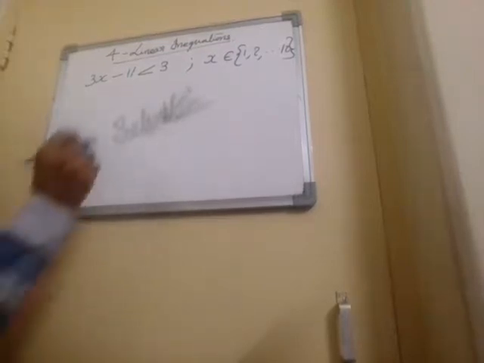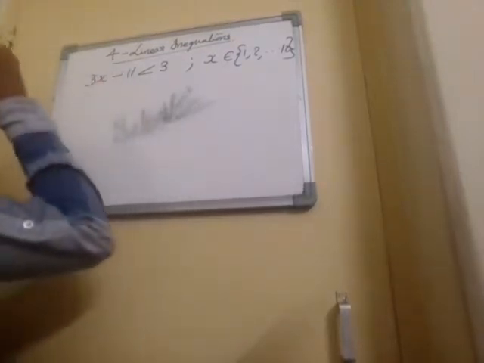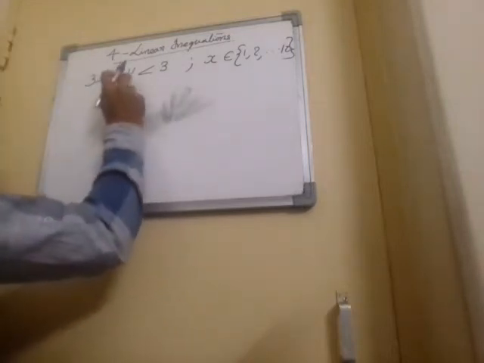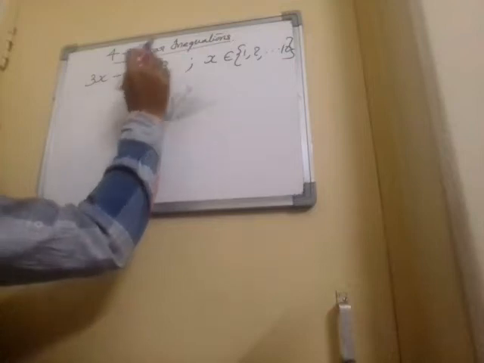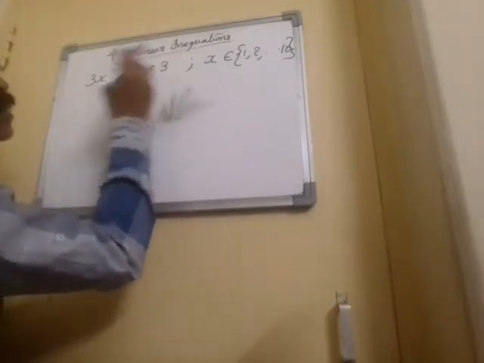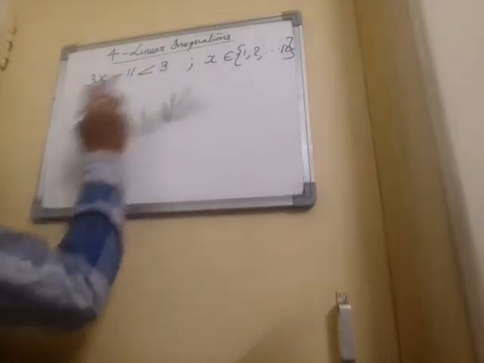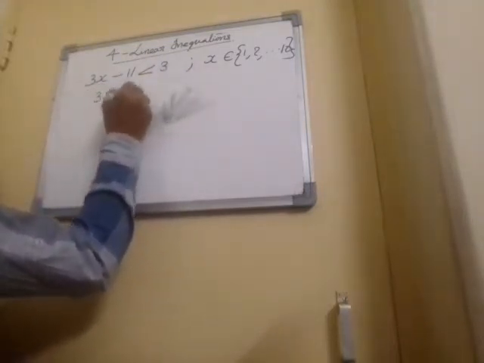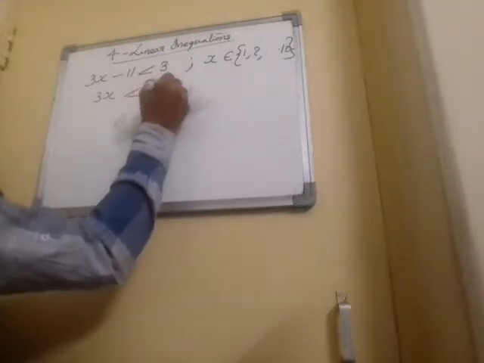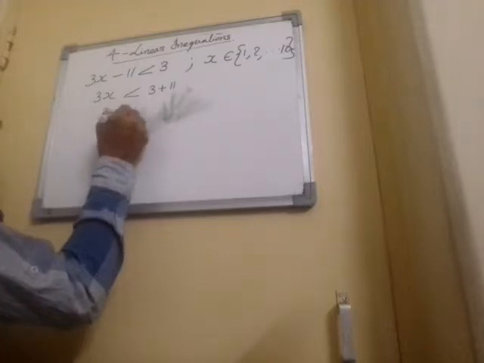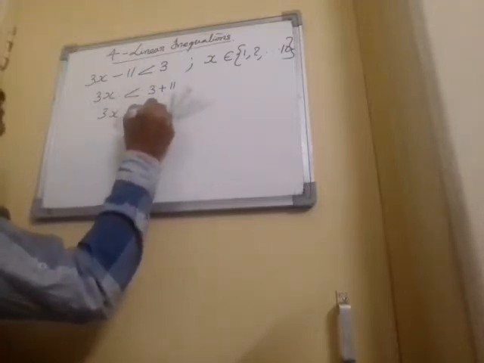See how to answer this question. First step, we have to take the number 11 to the right side. As in equation, we can shift the terms. Minus 11, when it comes to the right side, becomes plus 11. So 3x less than 3 plus 11, which is 14.